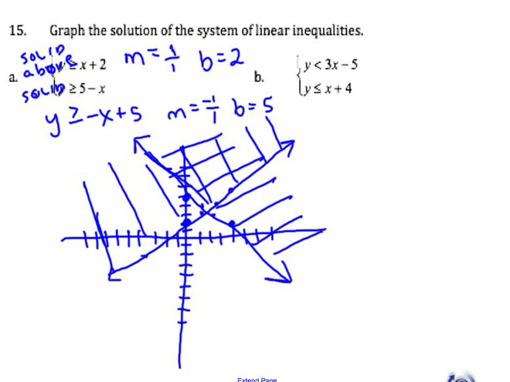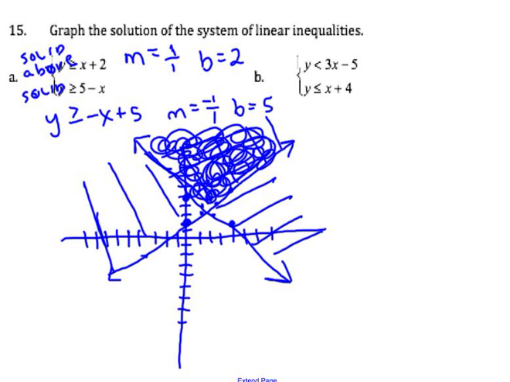And then what I'm looking for is where I overlap my two shading areas, which, as you can easily see, my overlap is right up here. And so I'm going to darken that area in a little more so it's really clear where my overlap is. If you just shade one, shade the other, sometimes it's hard to tell your overlap.